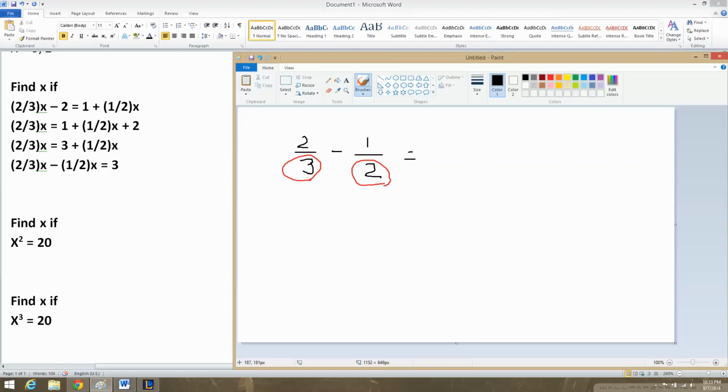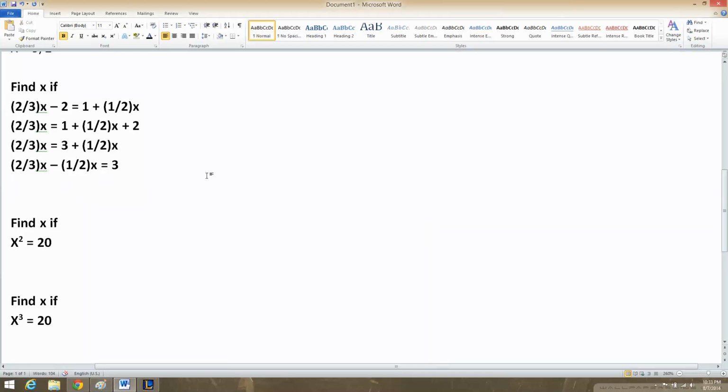To become 6, you multiply 3 by 2, and when you do that, you multiply the top by 2, so it becomes 4 over 6. To become 6, 2 has to be multiplied by 3, and we multiply the top by 3 as well, so that becomes 3 over 6. The answer to that will be 1 over 6. So this ends up as 1 over 6x equals 3.